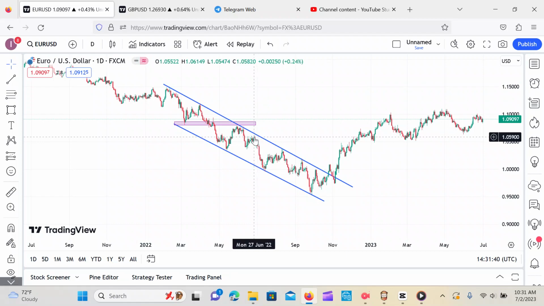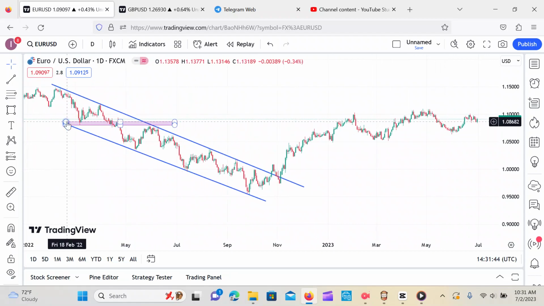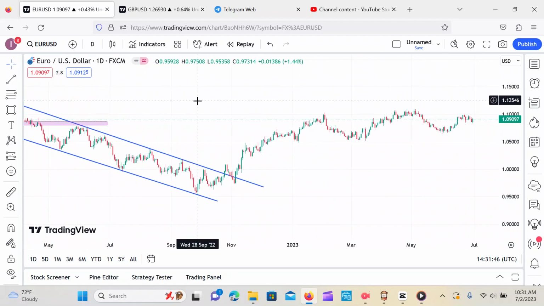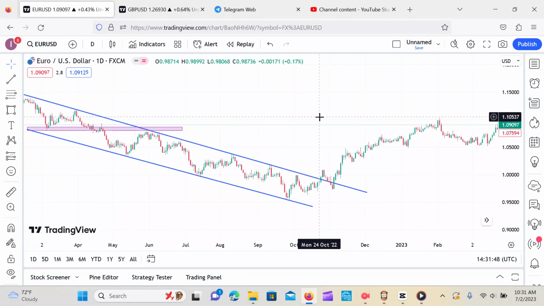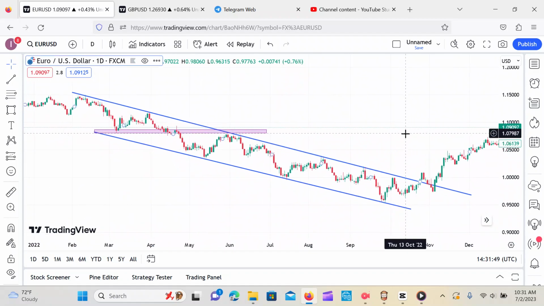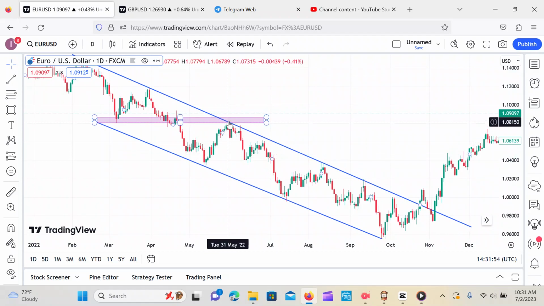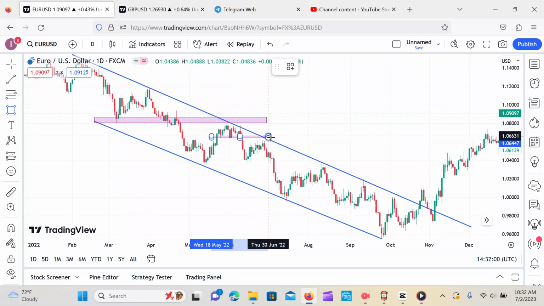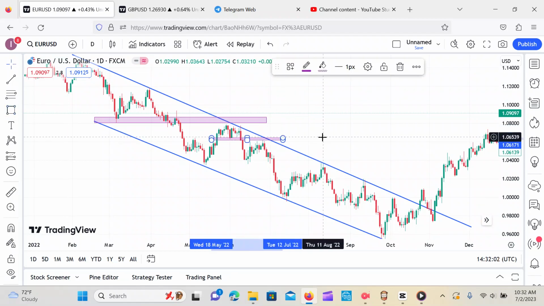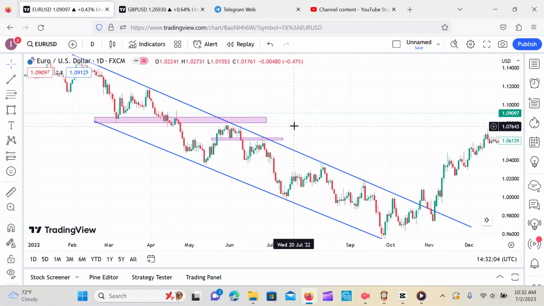Now let me tell you the reasons behind this push up. Let's zoom in to take a good look at this area. When this price pushed to this area, it came down a bit to give us this support level. You mark the support level. We have a break below in your analysis.